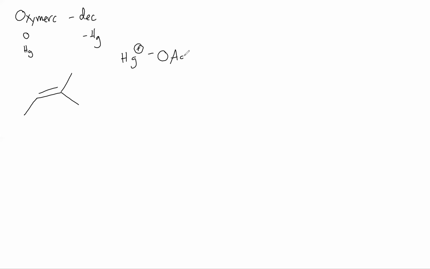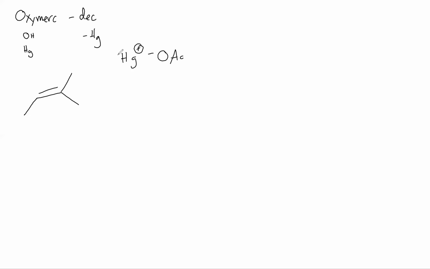What's important in the product, it will be OH, but I'm just explaining that the oxygen part is what we see in the name, but it will be OH. So we start with a mercury cation. What's important about this is the mercury cation. The OAc is less important.